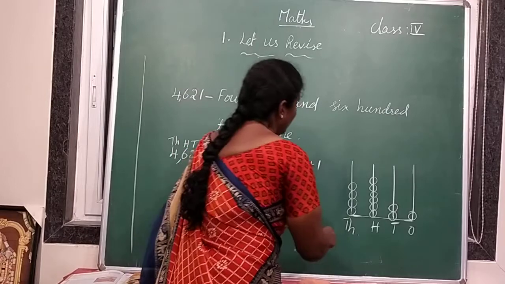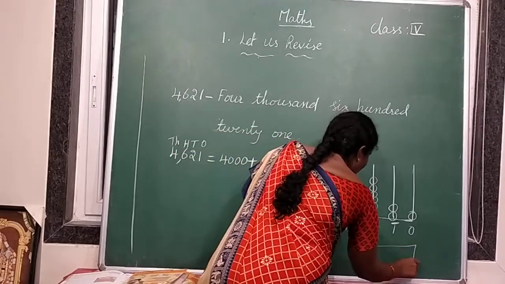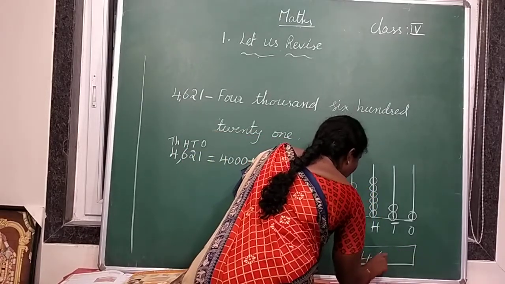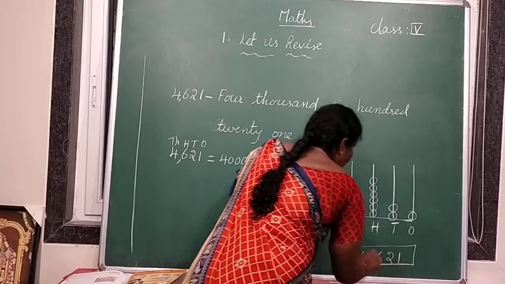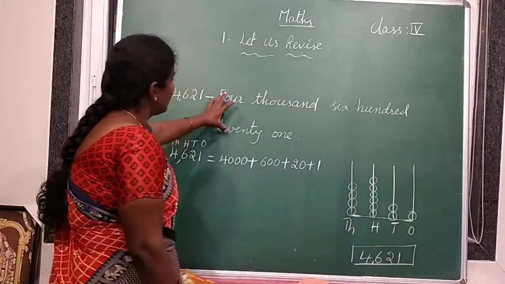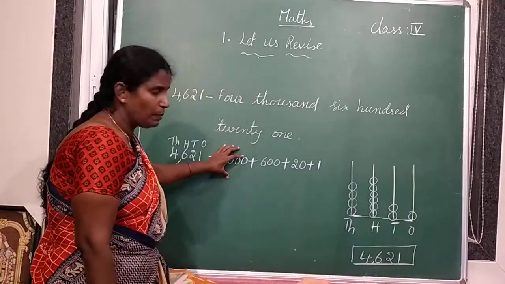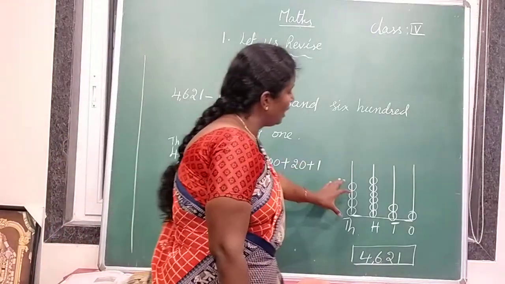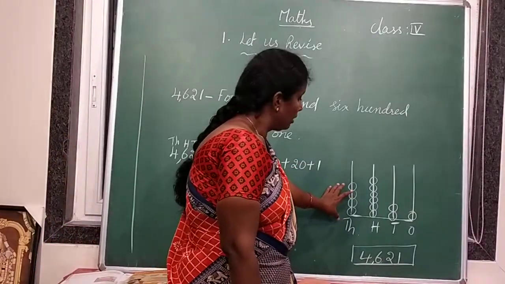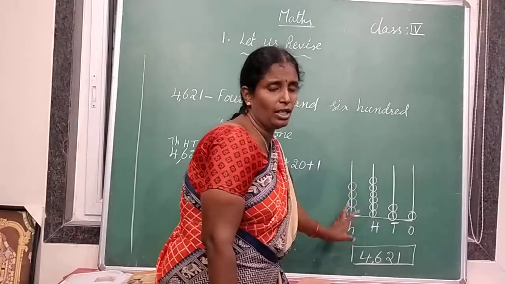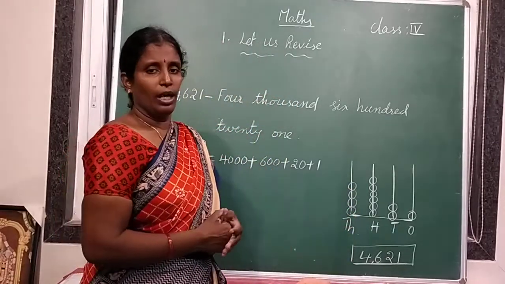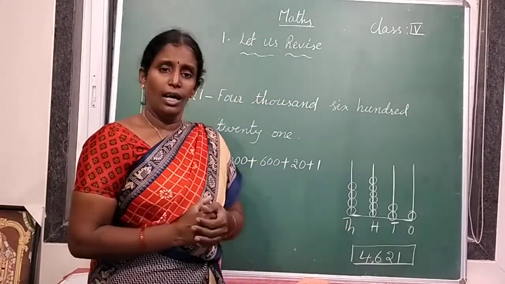It is nothing but 4,621. So this is the number name. This is the expanded form, and this is nothing but representing on the abacus. Understood? Representing on the abacus.